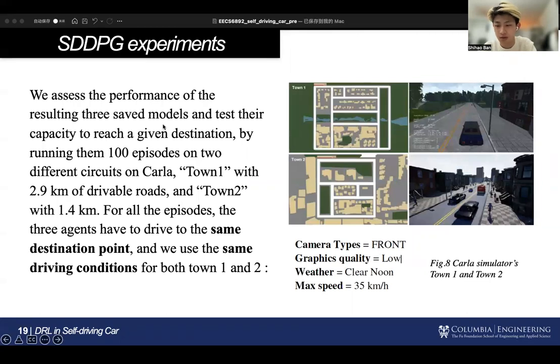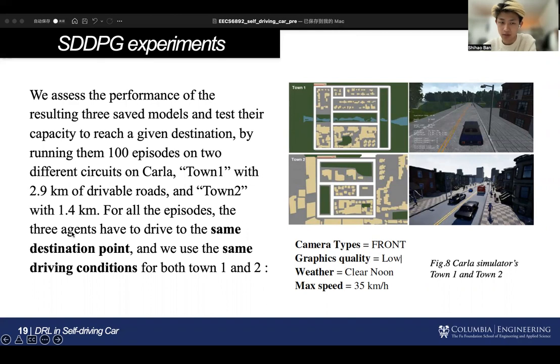Here is the most important part, right? We assess the performance of the resulting 3 saved models and test their capacity to reach a given destination by running them for 100 episodes on 2 different circuits, right? Town 1 and Town 2. Now here we can see a map and an image of the simulation.